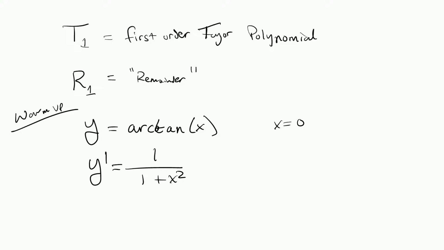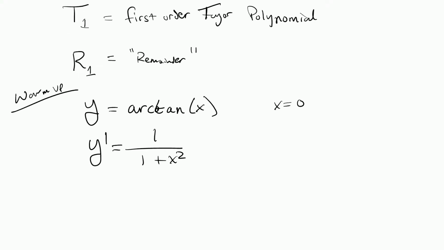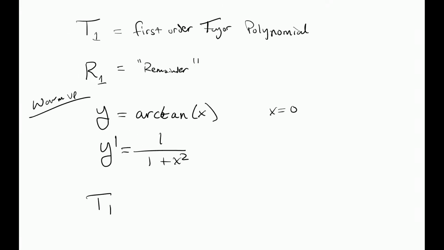Yeah, so the derivative is 1 over 1 plus x squared. Very nice. And so let me remind you what the first Taylor polynomial looks like. T1 of x is equal to, first of all, the function value. I'll use y because this is a y here.